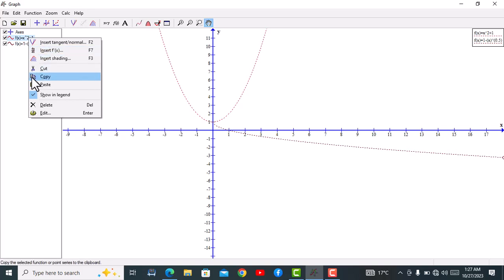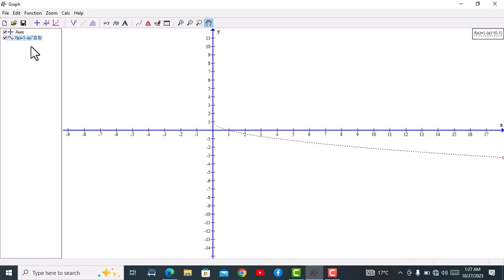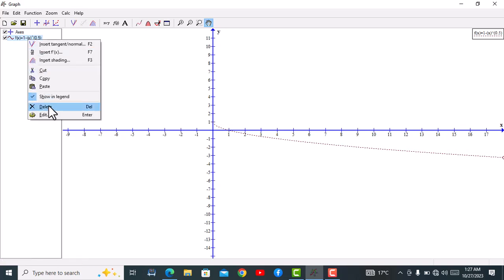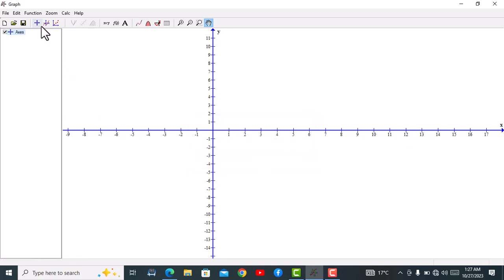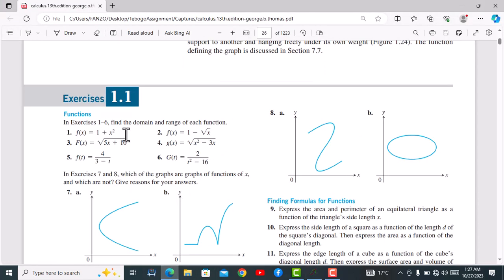So what I'm going to do, I'm just going to delete this. And I'm also going to delete that. Once those two have been deleted, remember it says this.